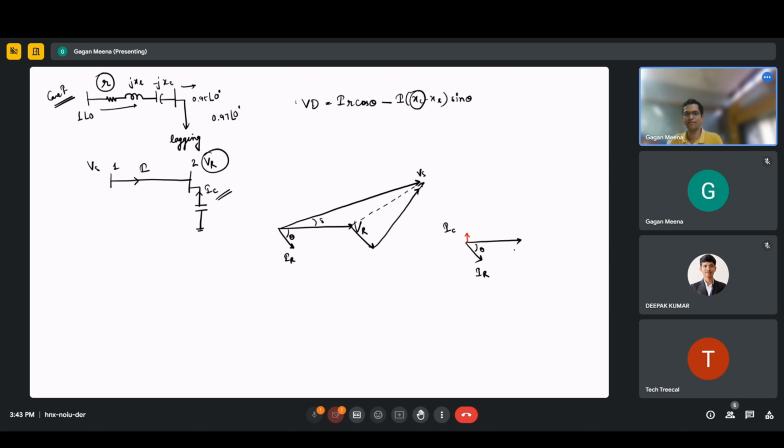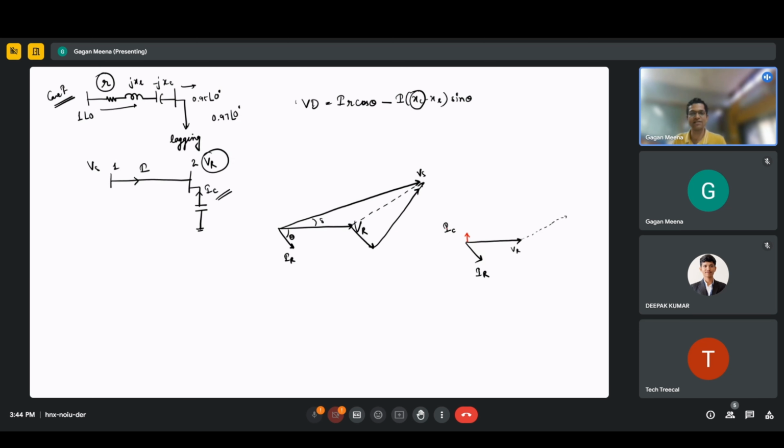So this is the same R into IR. Then this is JI into XL. First of all, we have to calculate the actual current because of this capacitor.